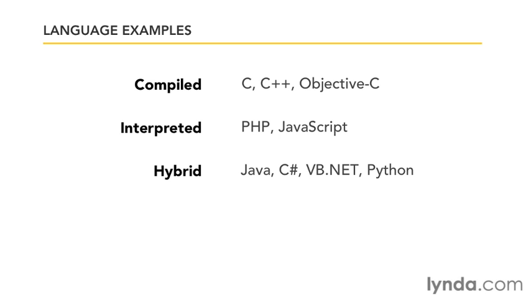Now, whether a language is compiled or interpreted, or somewhere in between, is rarely a reason by itself to choose a language, but it can be something that you take into account. If one main priority of your program is absolute maximum speed running on one single platform, you'll probably look at a compiled language. If you're more interested in easily moving your code across multiple platforms, you're probably more interested in an interpreted one.